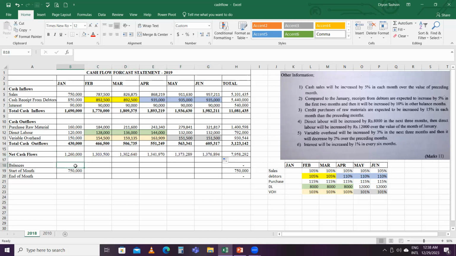Balance also refers the same. So here you can transpose the figures. Transpose will enable you to rather duplicating or copying the referring the same cell.